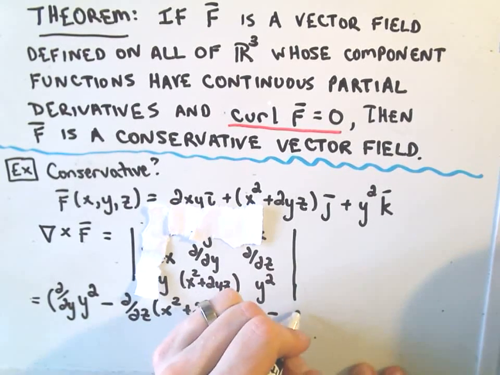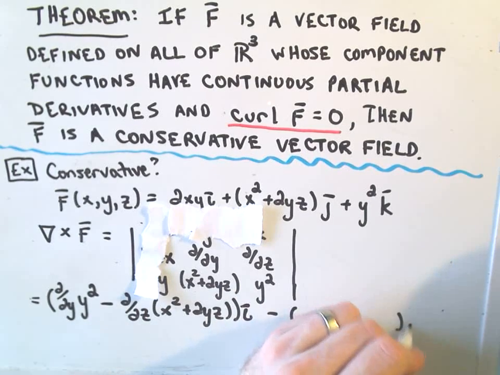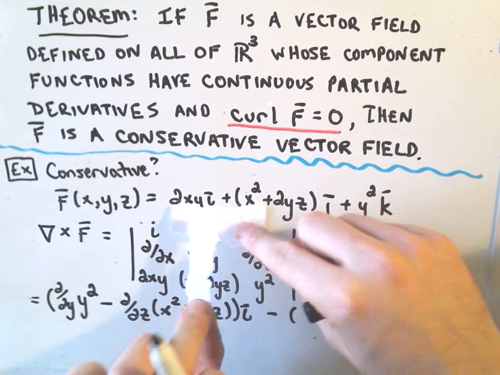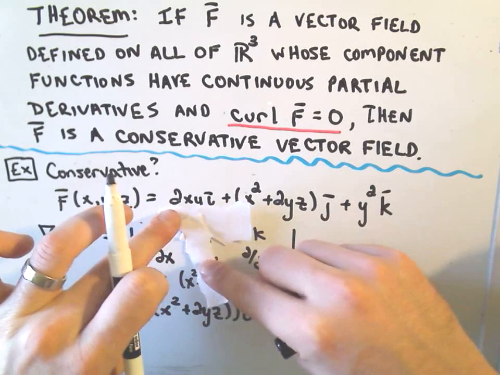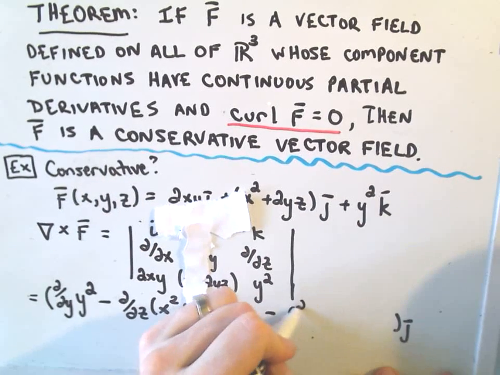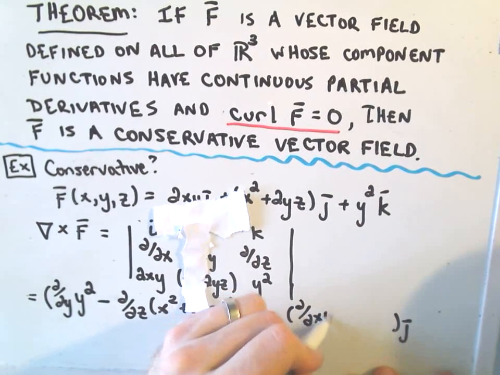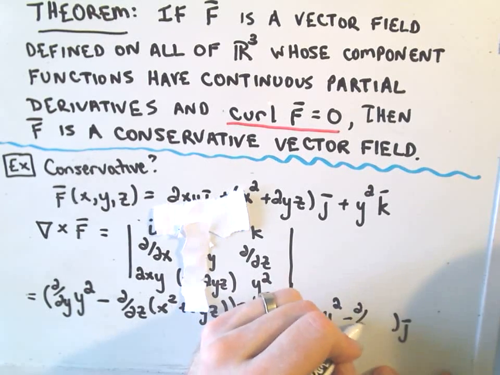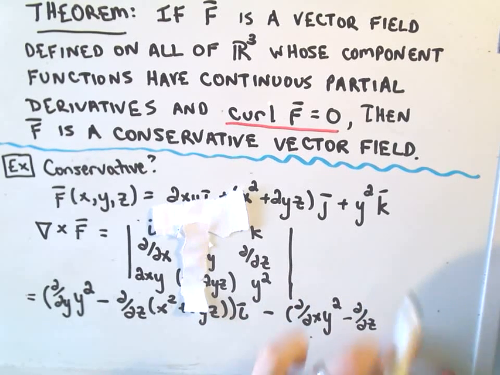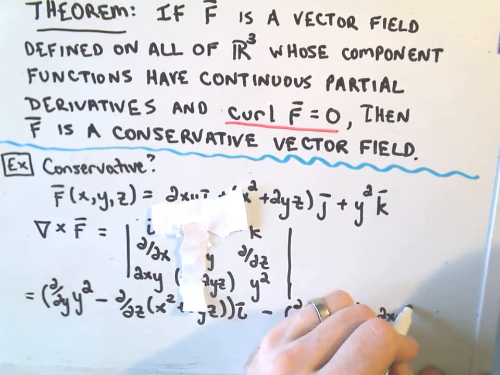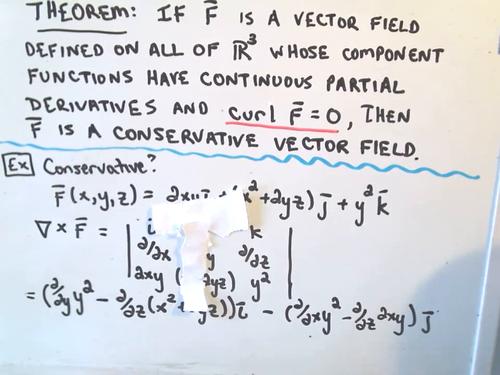Remember the j component changes signs, so we have to put a minus sign on there. If I cover up the j column and imagine the top row being gone, we take the partial with respect to x of y squared, minus the partial with respect to z of the term 2xy. That's going to be our j component.